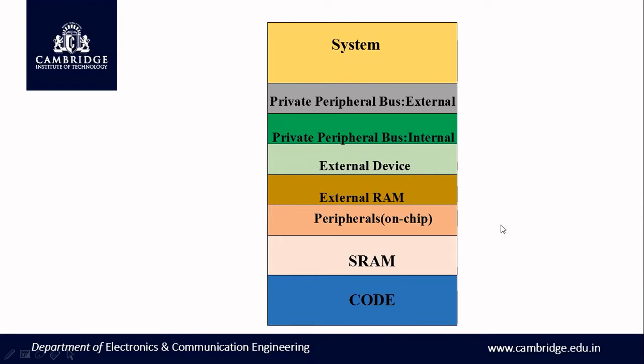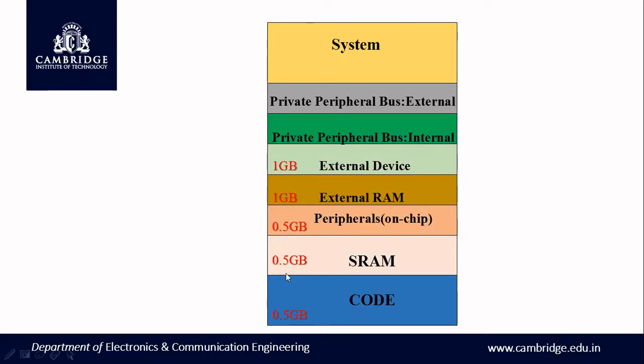So these are the different regions of the memory which is used for storing different types of data, right? If you look into the memory size allotted for each region, code region is given 0.5 GB of memory space. SRAM is given again 0.5 GB and on-chip peripherals is given with 0.5 GB of memory space. External RAM and external devices are given with 1 GB space each.